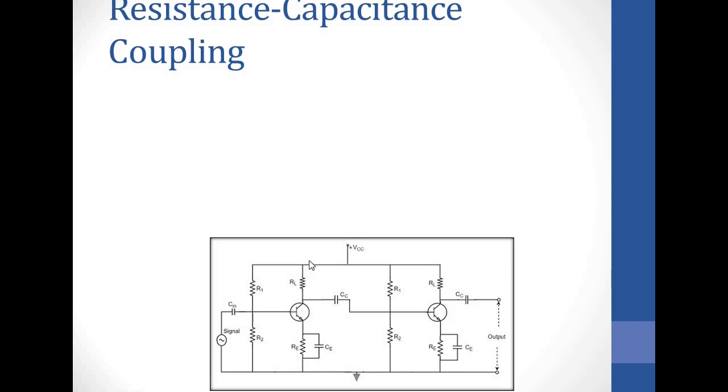At the same time, we've got this VCC here. This is DC. The DC is there to bias this transistor. If the DC is allowed to pass to this part, it will change the biasing arrangement. Remember, the biasing also determines the class A, class B, class AB, and so on of this transistor.